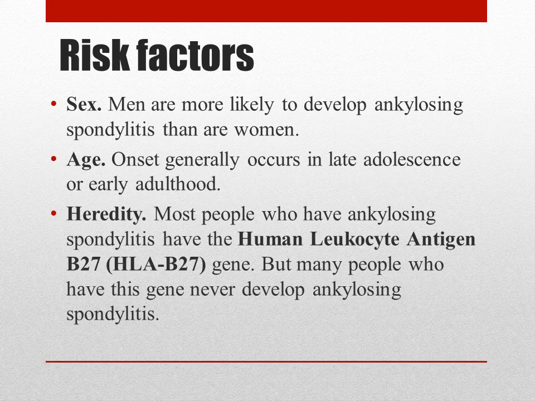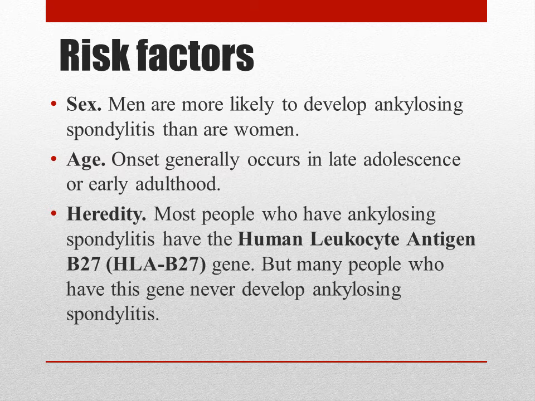The risk factors that make people prone to this disease are, first, sex: men are much more likely to develop ankylosing spondylitis than women. When it comes to age, generally it affects old age people or early adulthood, especially late adolescence or early adolescence. And the heredity factor is the main reason, as I said, that is HLA-B27, whose full form is human leukocyte antigen B27.